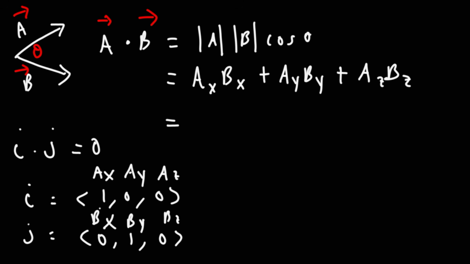So ax times bx, we have 1 times 0. ay times by, 0 times 1. And az times bz is 0 times 0. So this ends up being 0. So anytime you take the dot product of two different standard unit vectors, it's going to be 0. And for two identical standard unit vectors, it will be 1.